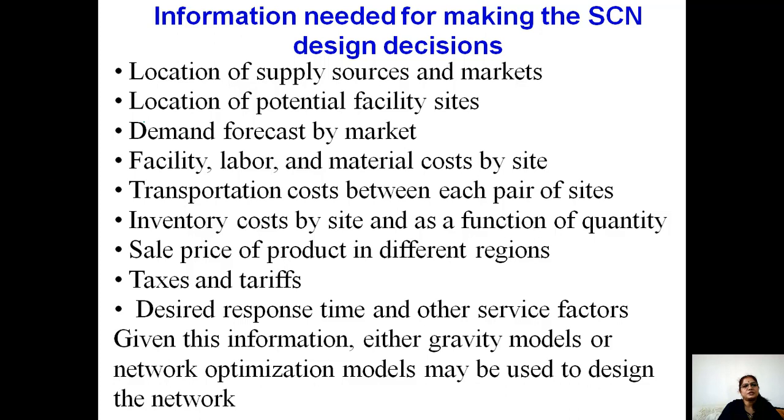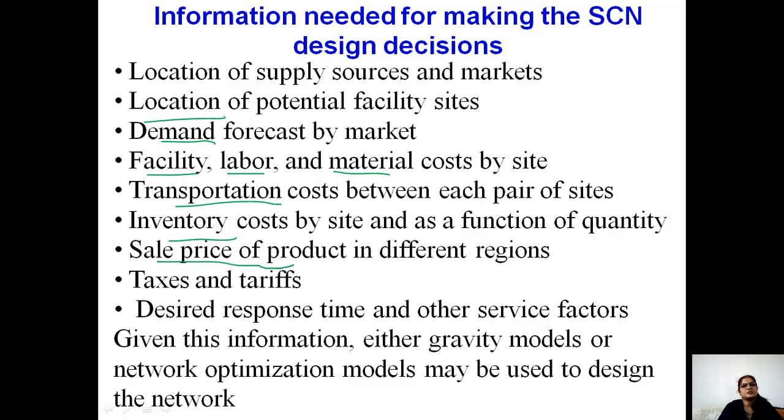Also, the location of potential facility sites where the facilities have to be located should be known. The demand forecast and its nature should both be known. Then the costs of facility, labor, material, transportation, and inventory should all be known.